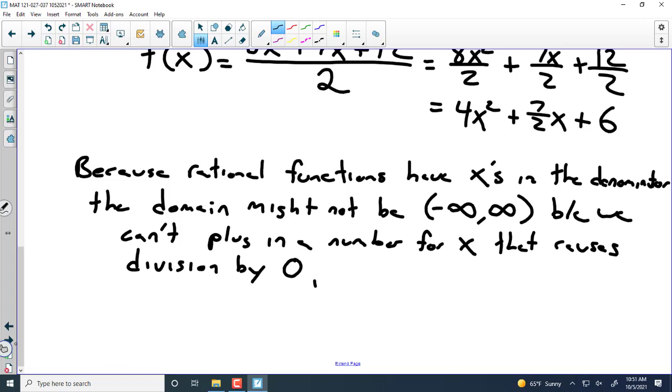When we first learned about domain in this class, one of the first things I told you was we cannot divide by 0. Rational functions are going to have x's in the denominator. That's different from polynomials. That means our domain might not be negative infinity to infinity, because we can't plug in a number for x that will cause us to divide by 0.